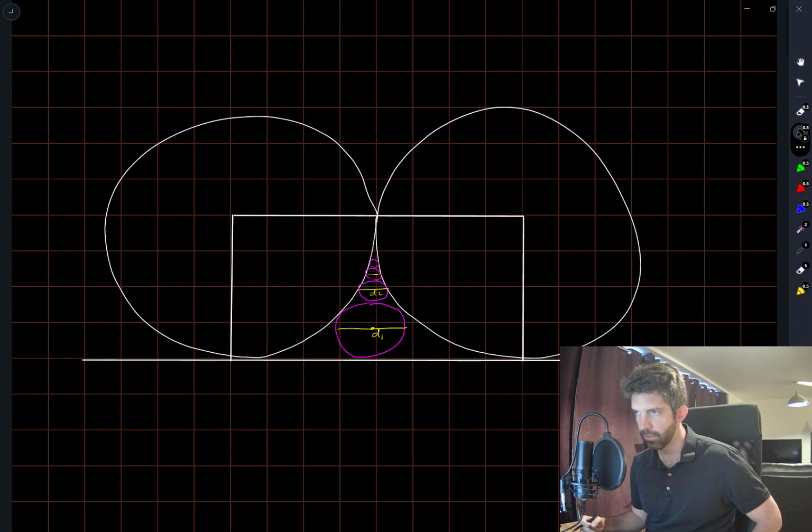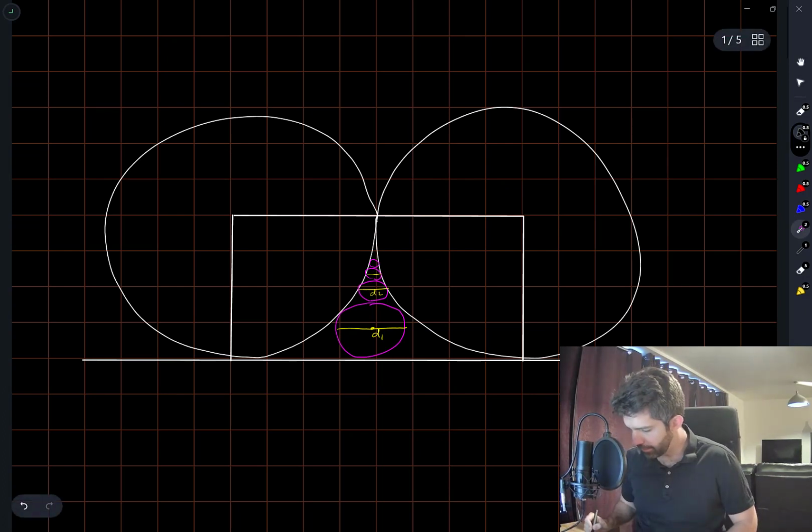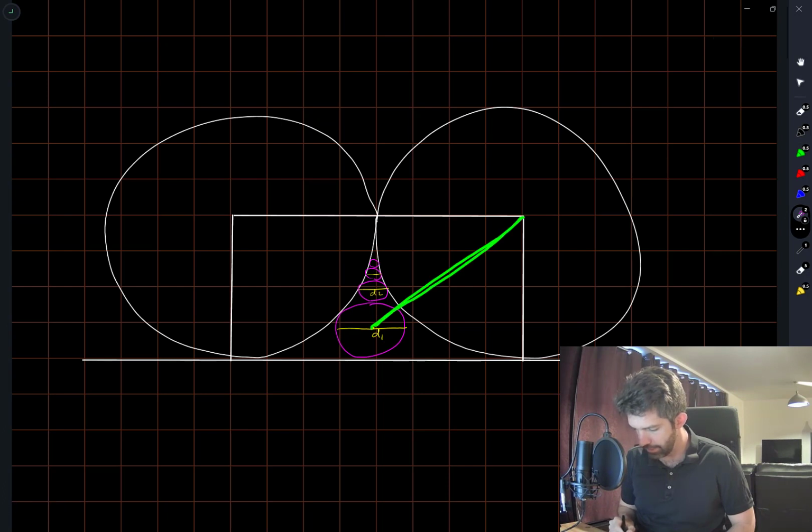I think I'm going to start like that. I wonder if that might help find the diameter of the first circle if we draw that line there, maybe drawing this line here, dropping down to the tangent line.